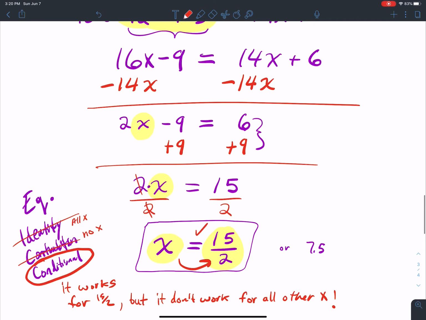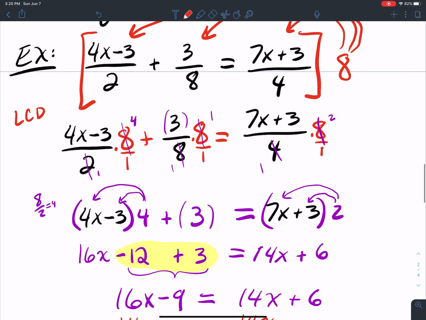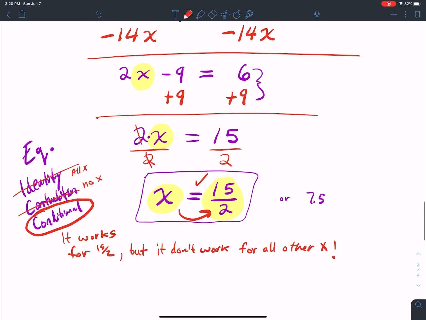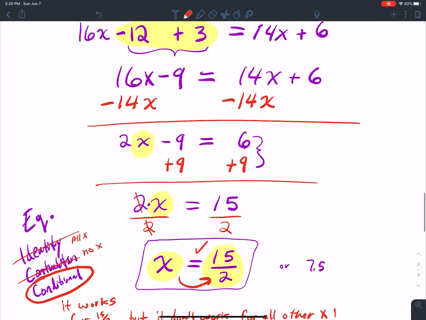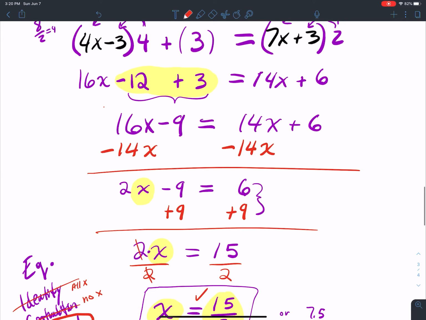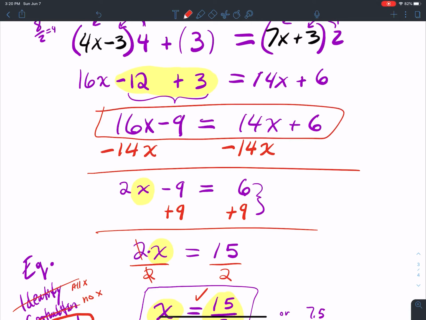If I plug in a 0 into this equation, or this one up here, it doesn't matter. It's not going to produce a true answer, okay? So if I plug a 0 in, that's going to get me -9 equals 6. That is a false statement. -9 does not equal 6.